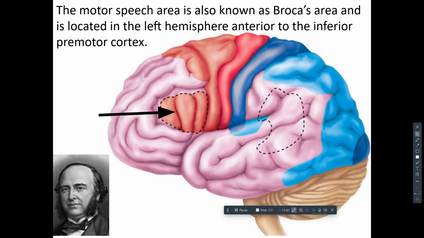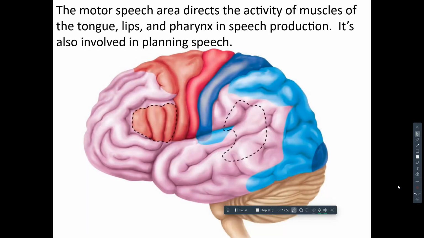Now, with a name like motor speech area, you can kind of get the right idea that this is going to control movement for speech. And so we're talking about directing the activity of muscles of the tongue, the lips, and the pharynx. So, of course, when we're speaking, we're vibrating our vocal cords.